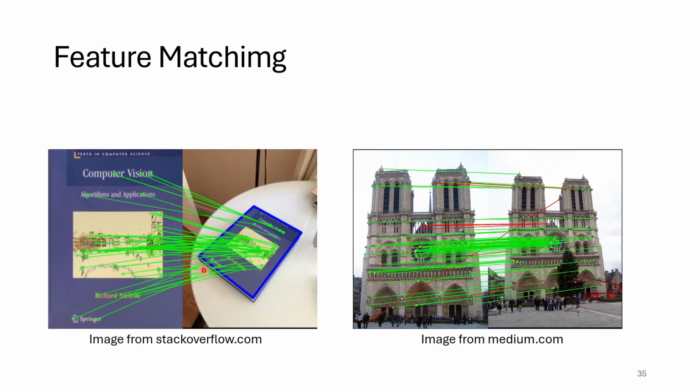One is this one, and another is this one. We can extract a lot of key points and their SIFT features, and then we can match. Thus, we can find, okay, this point is likely to be this one, and this point is likely to be this one.